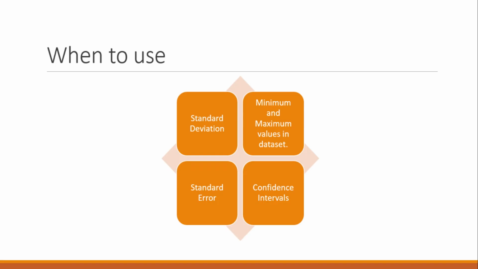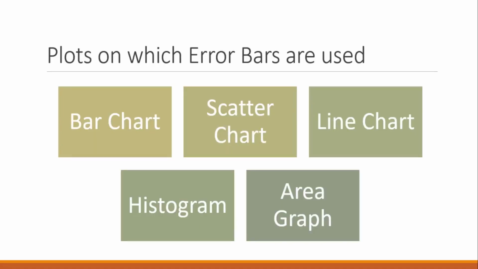Error bars are used to display standard deviation, minimum and maximum value in the data set, standard errors and confidence intervals. Now we will see on which plots error bars are used. Error bars can be applied on the following graphs. You can apply it on a bar chart, scatter chart, line chart, histogram, area graph and many others also.